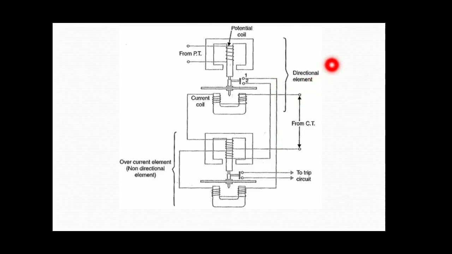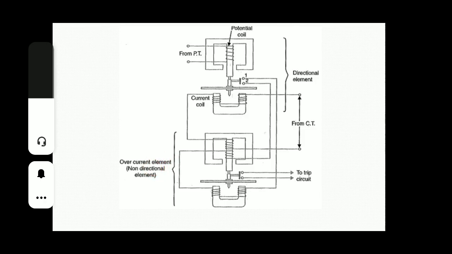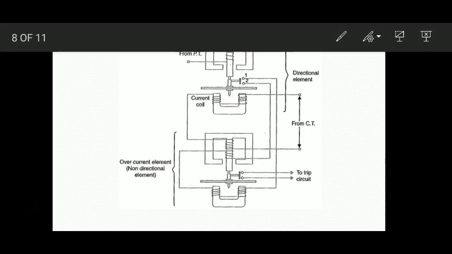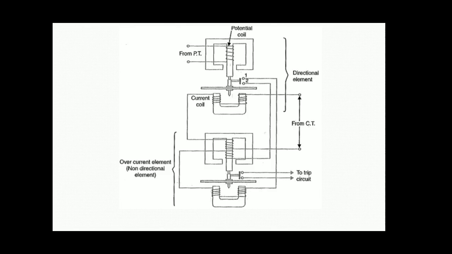That is, one is the direction and the other one is the overcurrent. In both cases the relay will be operated. The directional part will be operated when the direction of the motor or the generator is changed.